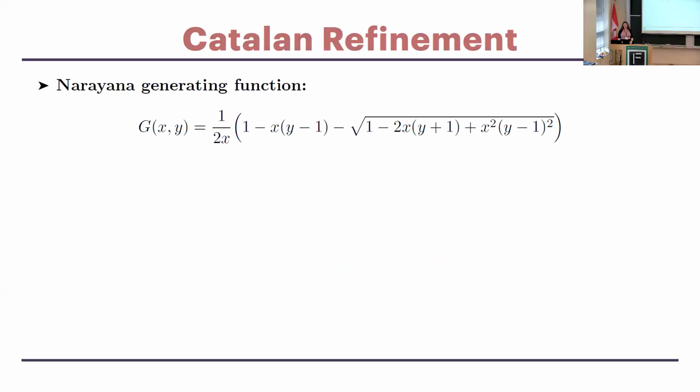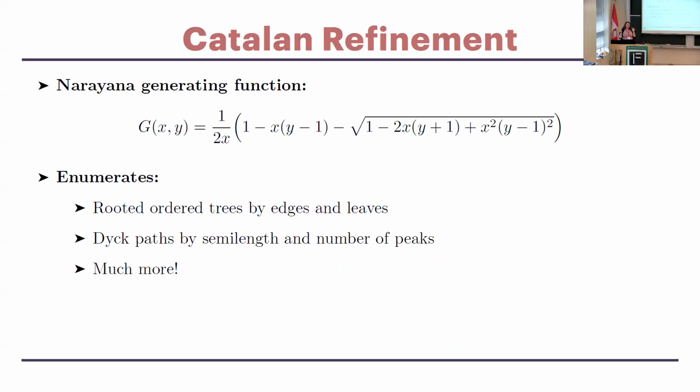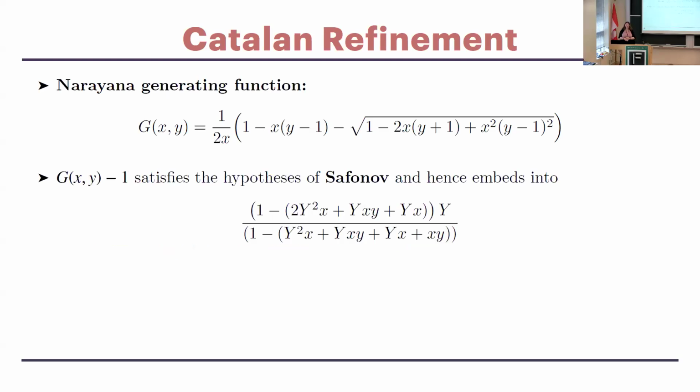Another example that I have here is a Catalan refinement. So this is the Narayana generating function, g of x, y. And this enumerates a bunch of different things, such as rooted ordered trees by edges and leaves, Dyck paths by semi-length and number of peaks, and much more. But if we subtract off 1, then this satisfies the hypothesis of Safonov.